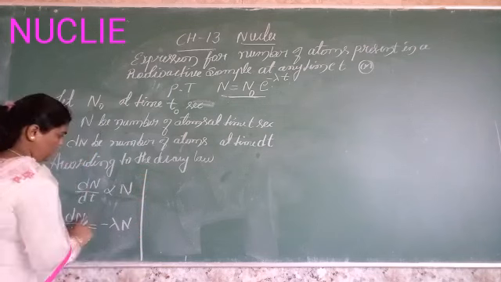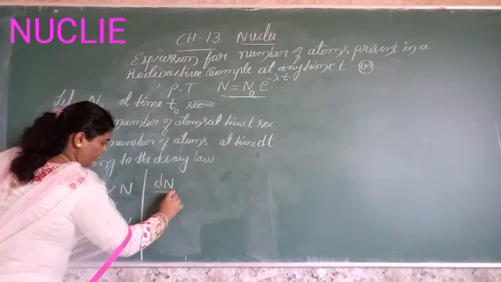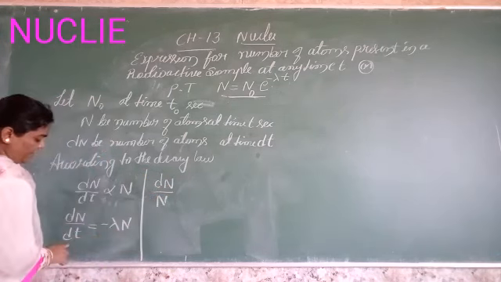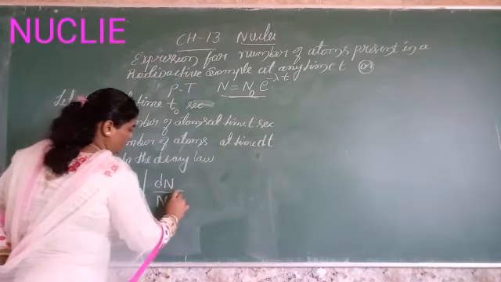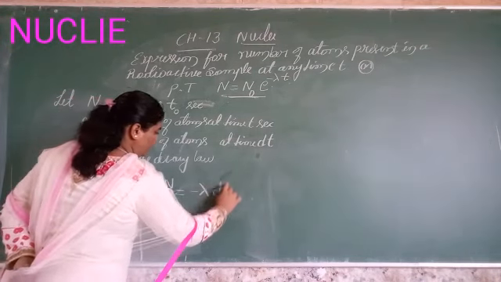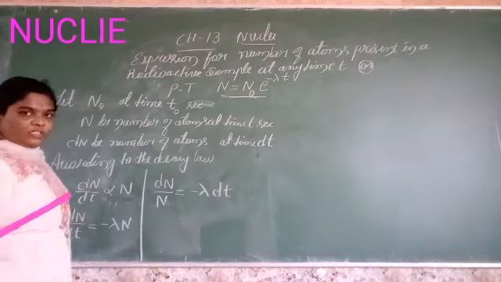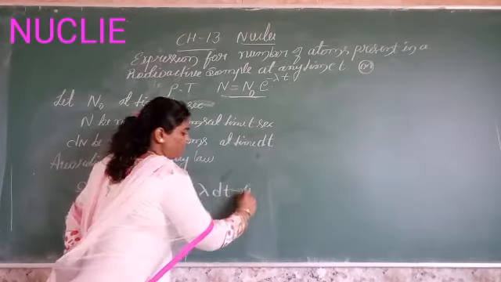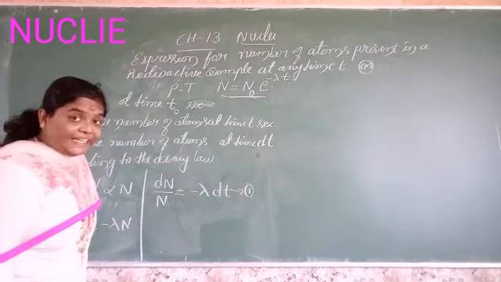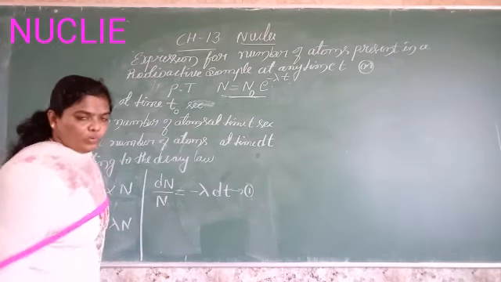See, dN divided by N on this side, dt on the other side: dN by N is equal to minus lambda into dt. So this is equation 1. Now integrate equation 1 on both sides.